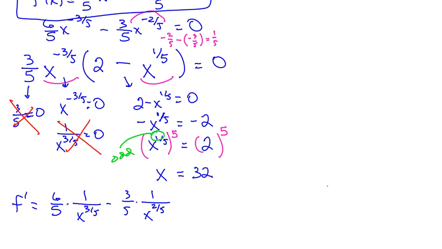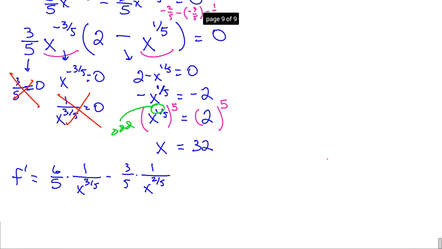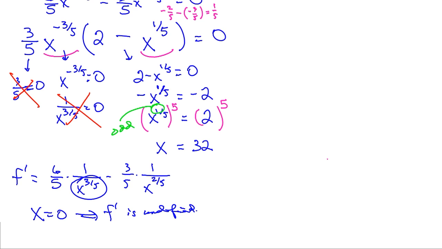And so clearly, if x is equal to 0, that means that f prime is undefined, because 0 to the 3/5 power is still 0, and you can't have 0 in the denominator. So your critical values are x equals 0 and 32.